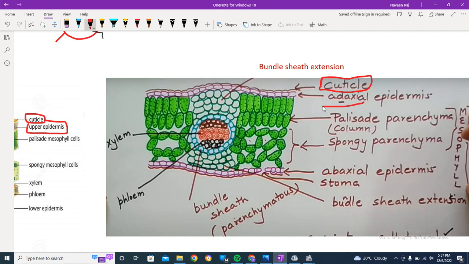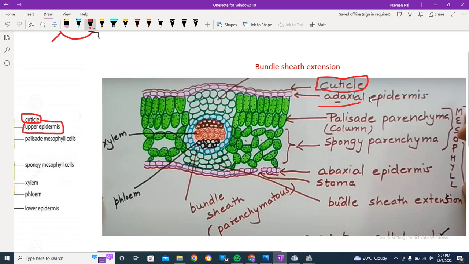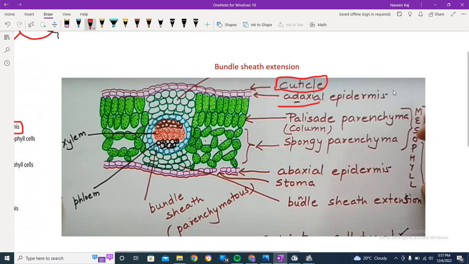In MCQs, a question can ask about the upper epidermis, or it can state adaxial epidermis. We have got other names as well, adaxial epidermis or dorsal epidermis, because this is on the dorsal side, right?